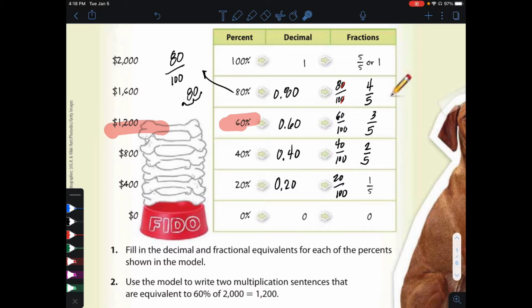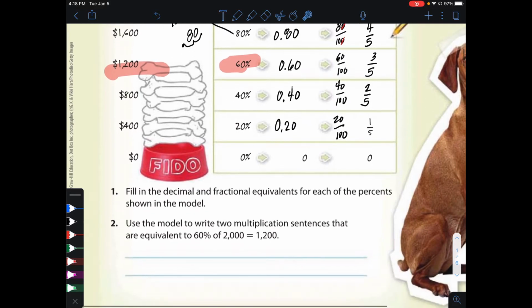And these are all the decimal equivalents right here. And these are all the fraction equivalents of our percent. So knowing all that, let's use the model to write two multiplication sentences that are equivalent to 60% of 2000, which is equal to 1200.